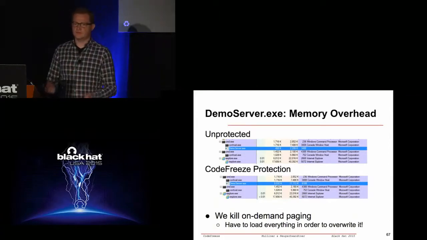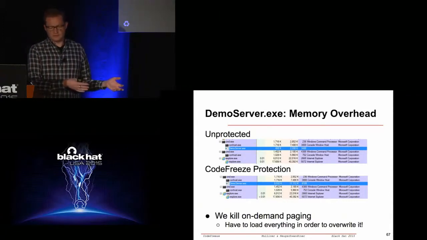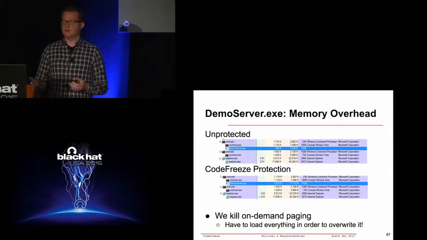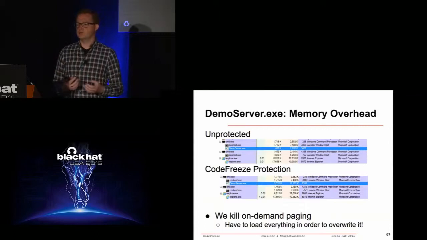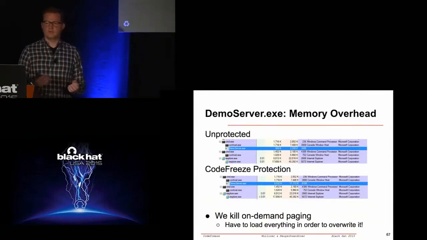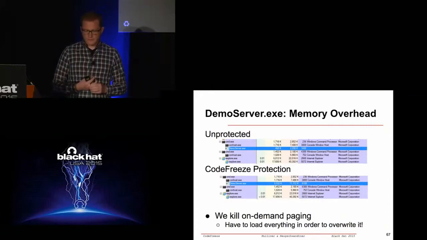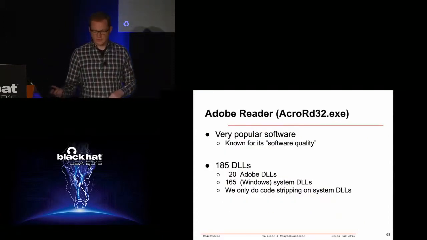The other stuff is still there, so if you jump to a specific function, it will be loaded by the OS. But in our case, we really have to load everything. So the memory footprint of the application with our proof of concept right now gets a little bit higher. But we have some ideas about how to fix this.